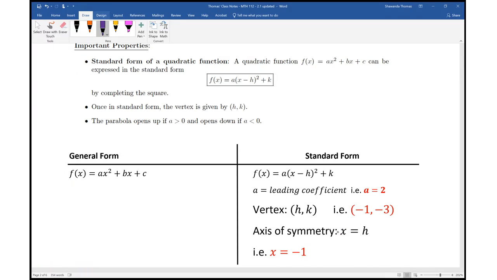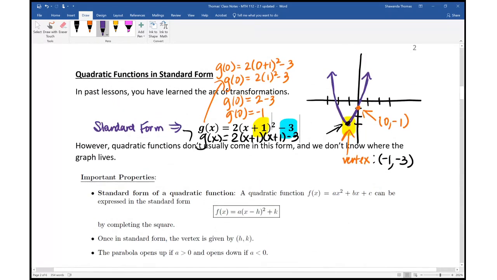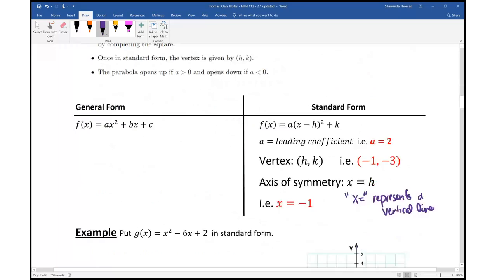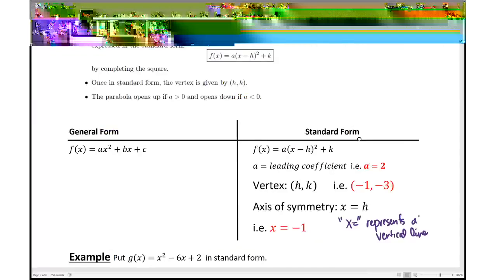Okay, you have to put x equals. x equals represents a vertical line. So you must put that x equals in front of the number. That's very important. So the axis of symmetry for this function above is x equals -1.